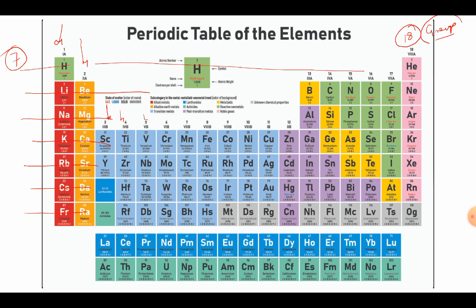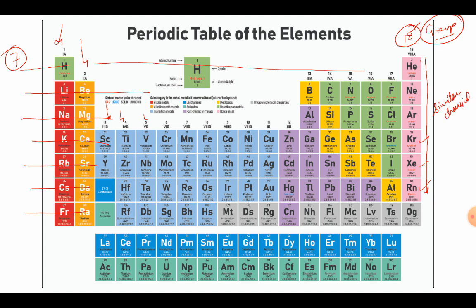Now the groups are very important, because I would like to focus on group number 18 right now. We can see that we have elements like helium, neon, argon, krypton, xenon and radon. These elements are in group 18, so it means that all these elements will have similar chemical properties to each other.